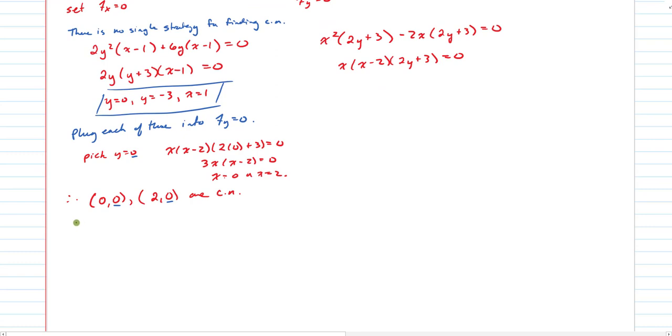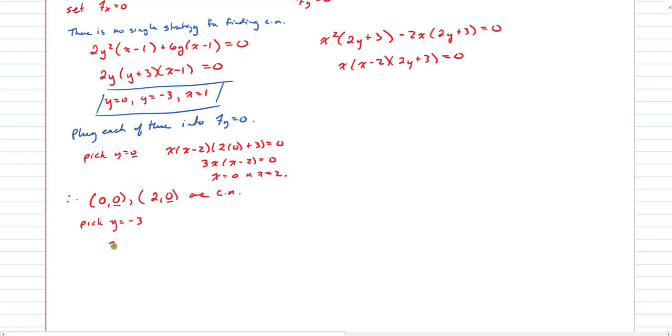Let's go ahead and pick y equal to minus 3. Again, for this first equation to be 0, we need y to be minus 3 or 0 or x to be 1, but picking y to be minus 3 forces the first one. But if that were the case, what would that give me in the second equation? Let's force that second equation to be 0.